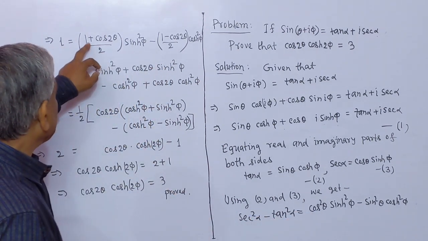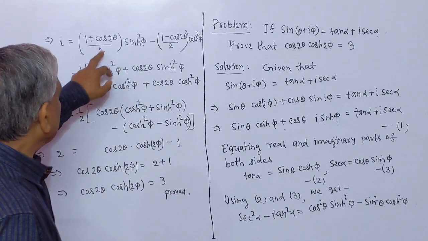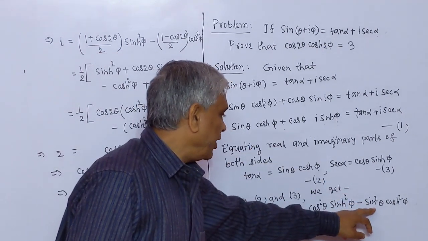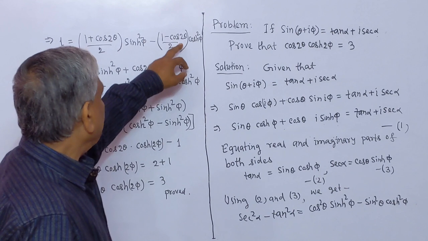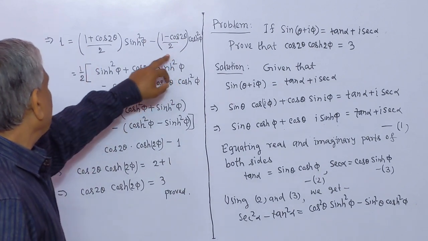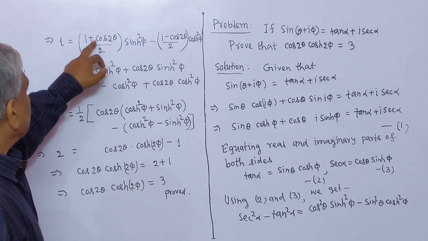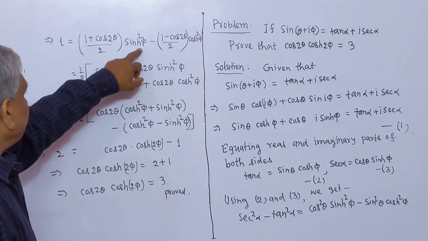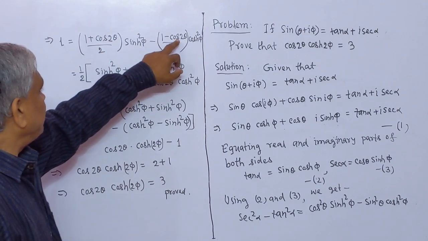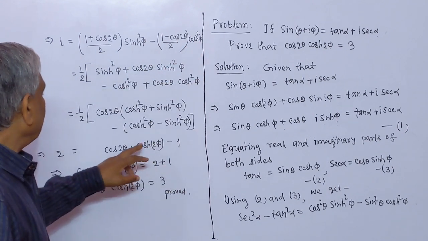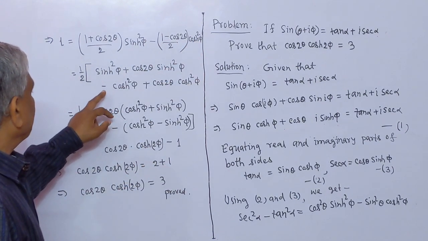For cos square theta we get 1 plus cos 2 theta by 2, and for sin square theta 1 minus cos 2 theta by 2, and we take common half. Now we multiply this bracket by sinh square phi, and we multiply this bracket by cosh square phi, and we get this value.